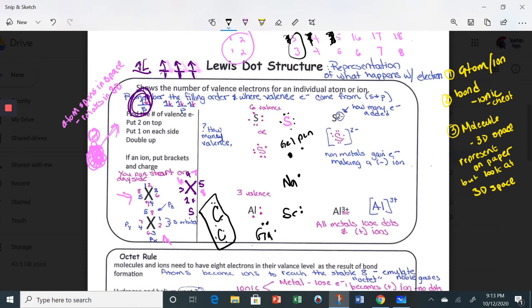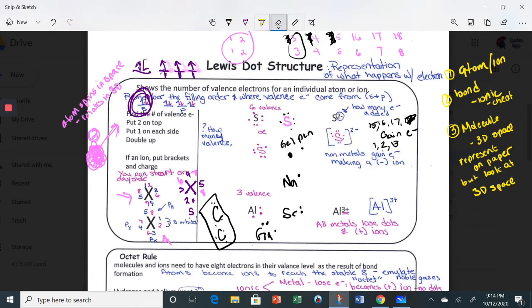When you do an ion, you have to do the ion with its charge. So you have to remember, groups 16 and 17 and 18 will gain electrons. Oh, sorry, not 18. I meant 15, 16, 17.